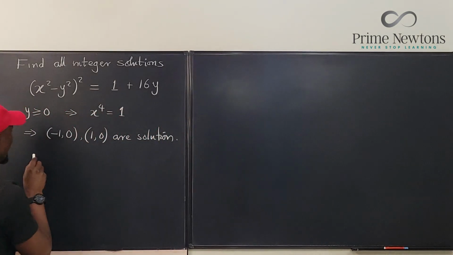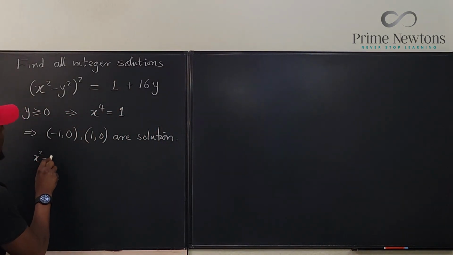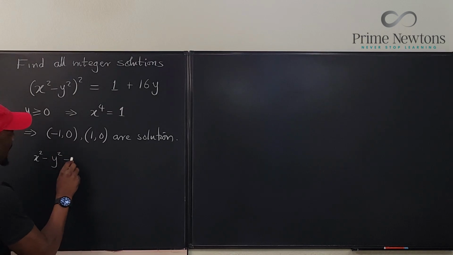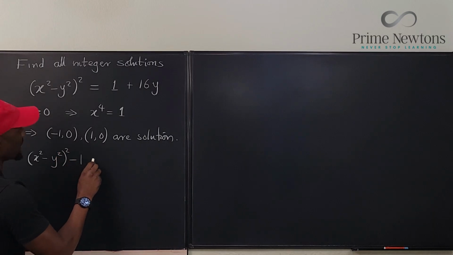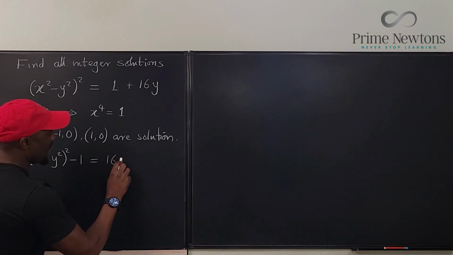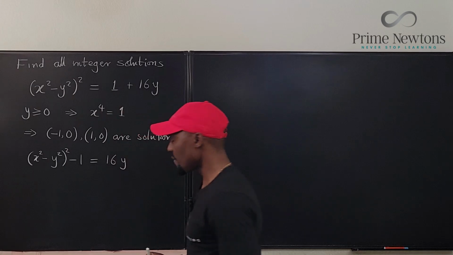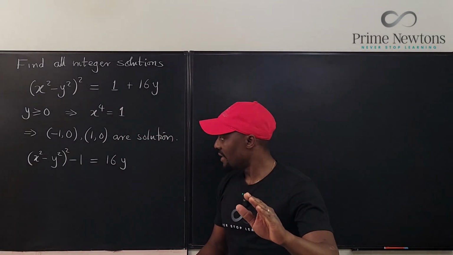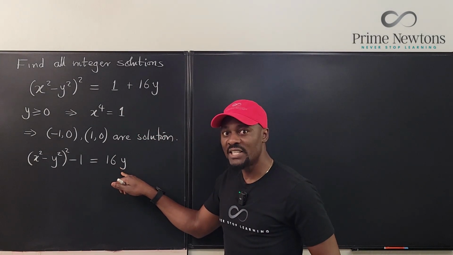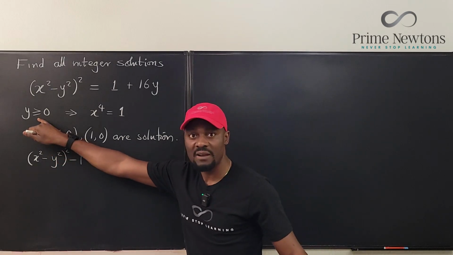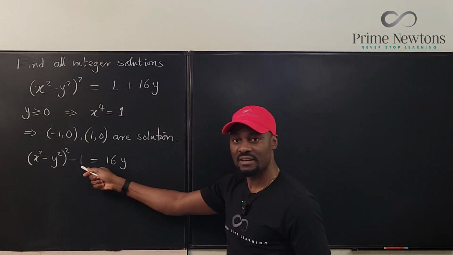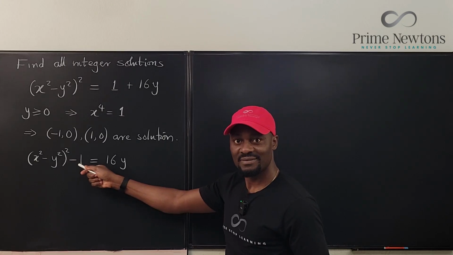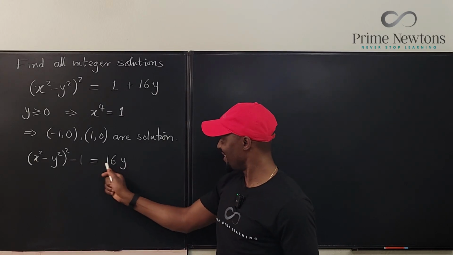If I say x squared minus y squared minus 1, oh no, there's a square here, is equal to 16y. Now, we know that y is not negative. We already established that. That means whatever is here is not negative, because this is not negative.